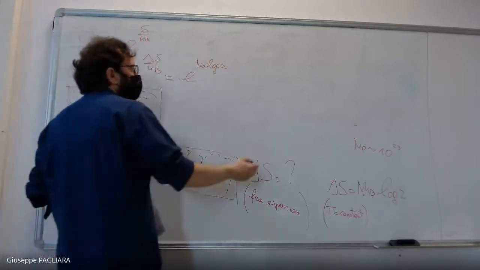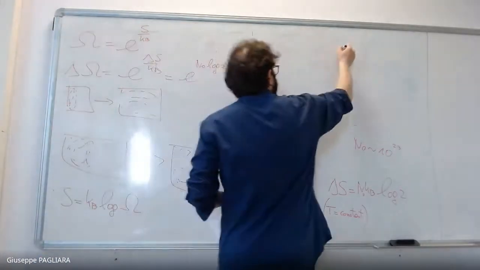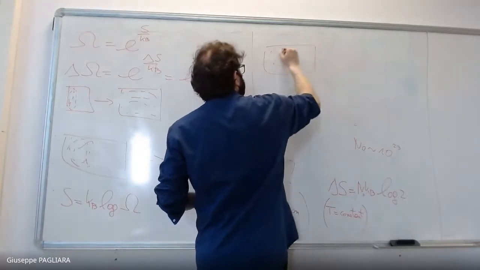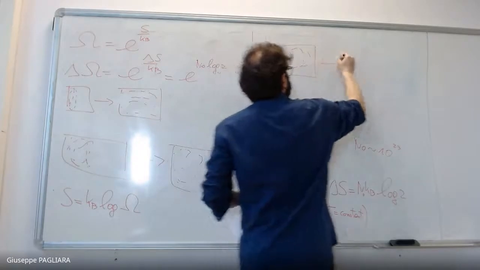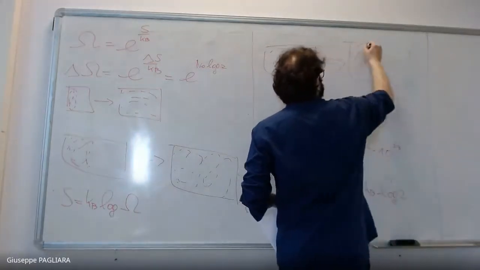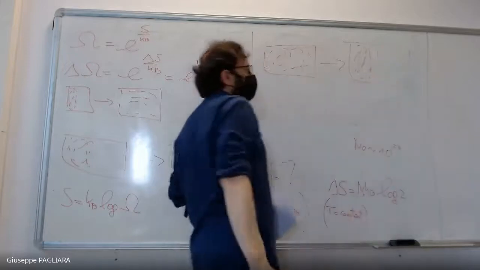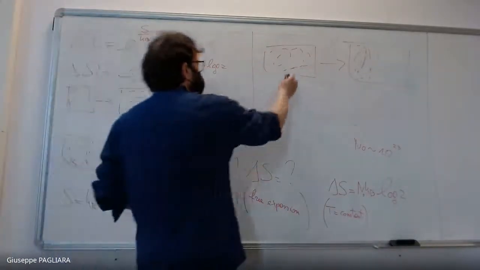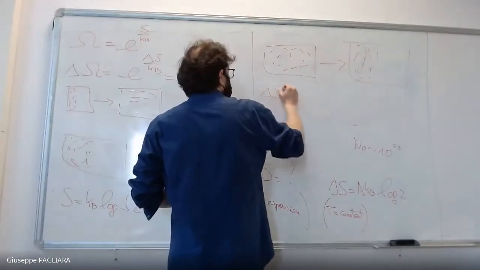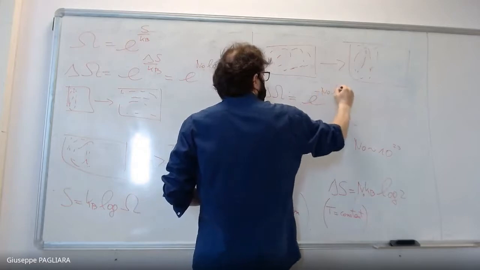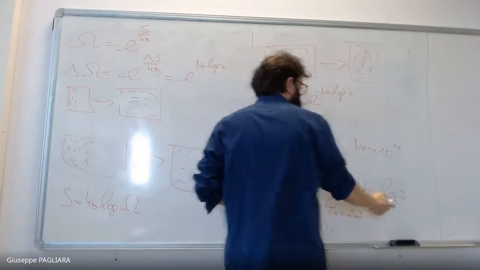So if I do the opposite, from occupied to half of the volume empty, we should have the same variation of entropy, but now negative. Okay, and so here the delta omega is equal to e to the minus n0 log of 2 as before.